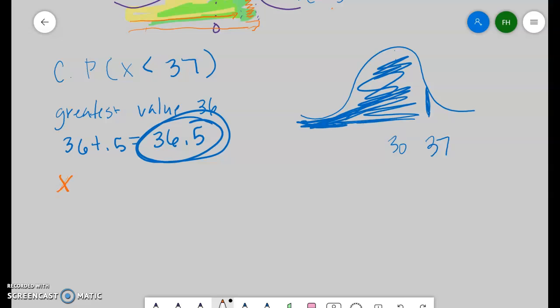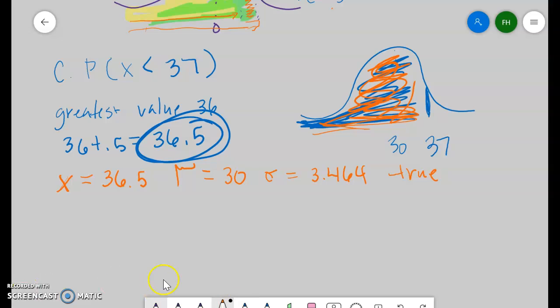That's the good thing, because we actually want this area, and that's what Excel is going to give us. So we know X is 36.5, the mean is 30, and the standard deviation is 3.464, and we're going to put true because we want it to be cumulative, meaning we want all of the area up to the 36.5.